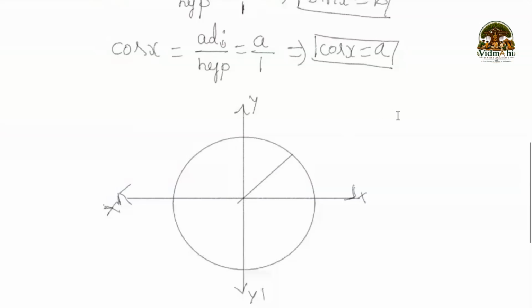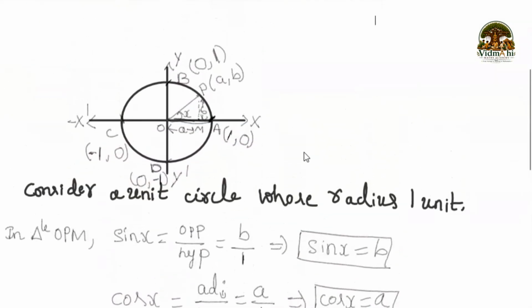Okay. Now this point is nothing but P. So P coordinates are A comma B. Instead of A comma B, we can say that this is nothing but cos x comma sin x.